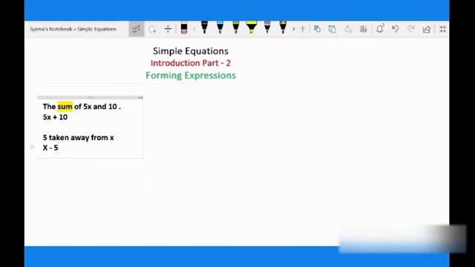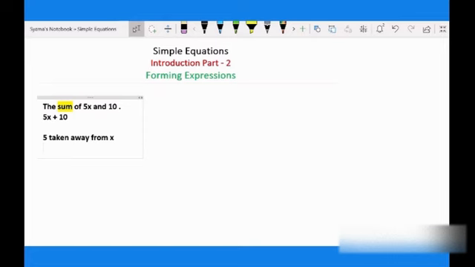Now these sentences can be given using various words like the subtraction of 5 and x, and in any words they can give these statements. Our aim is to just convert them into expressions by seeing the words.